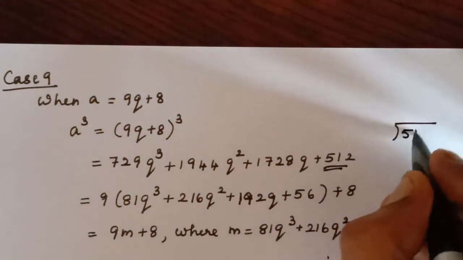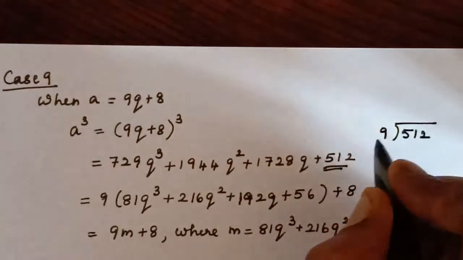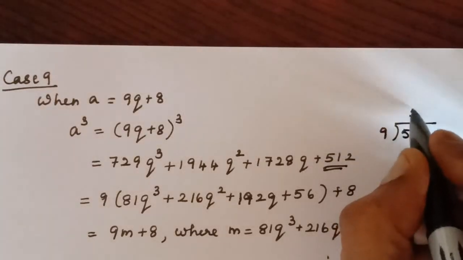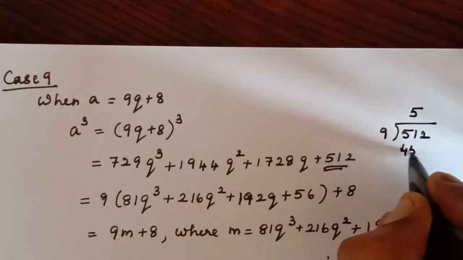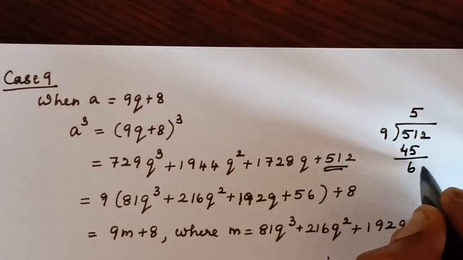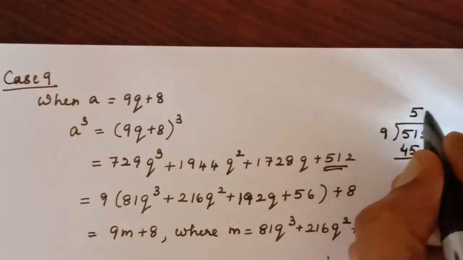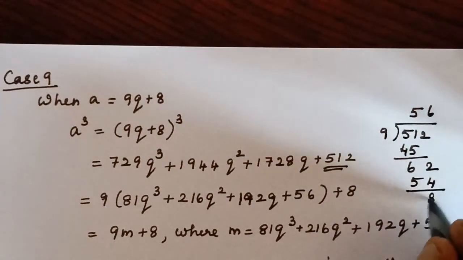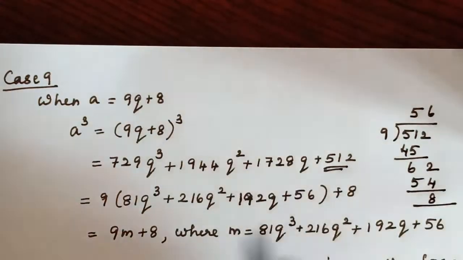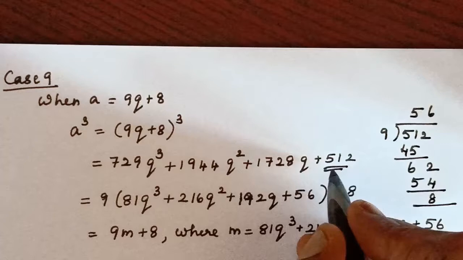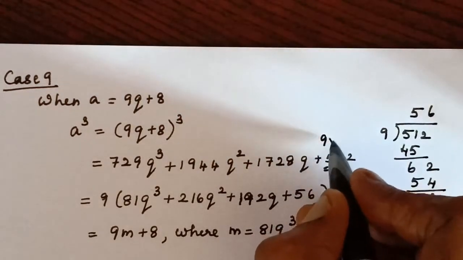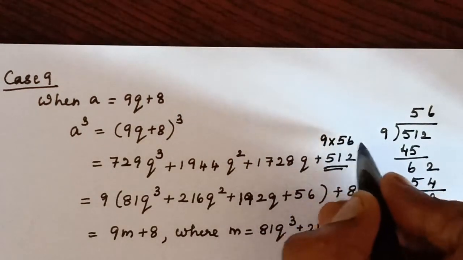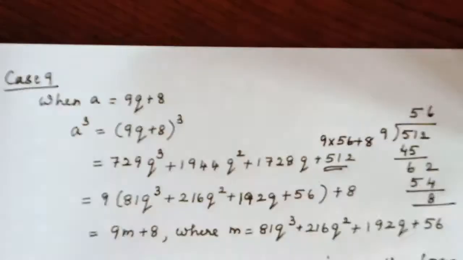So 512 divided by 9, 5 times it is 45, 6, bring this 2 down, 6 times it is 54 and the remainder is 8. So this 512 we can write as 9 into 56 plus 8.